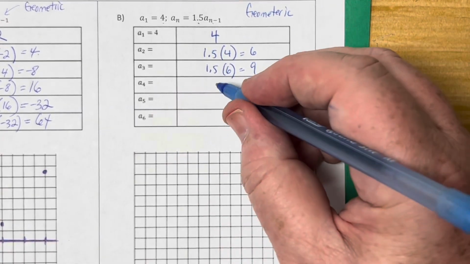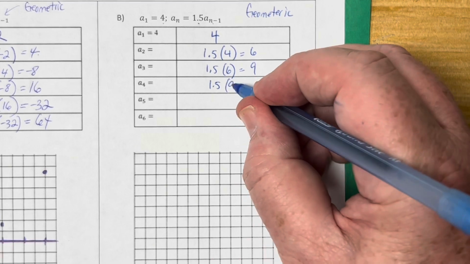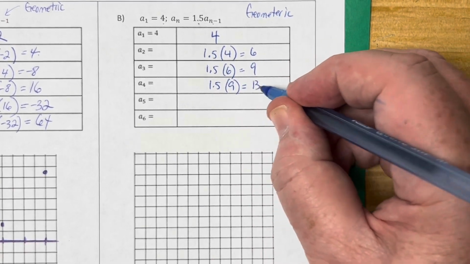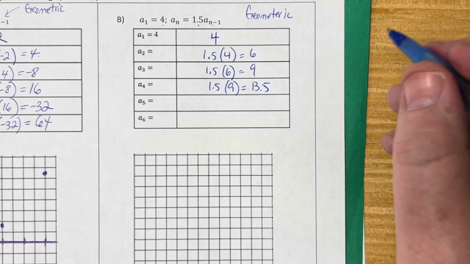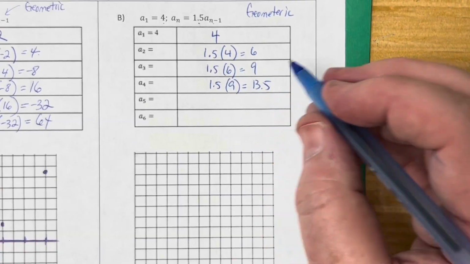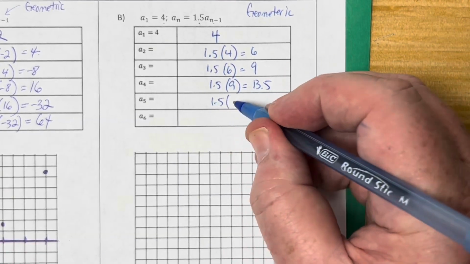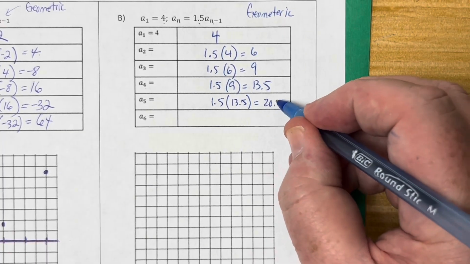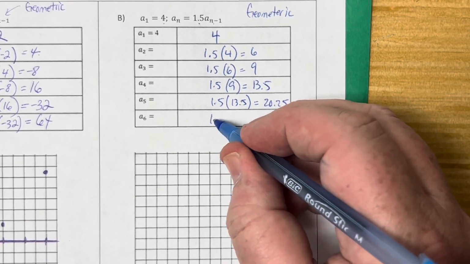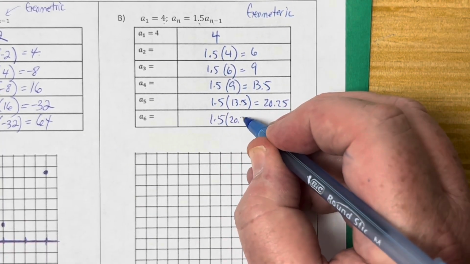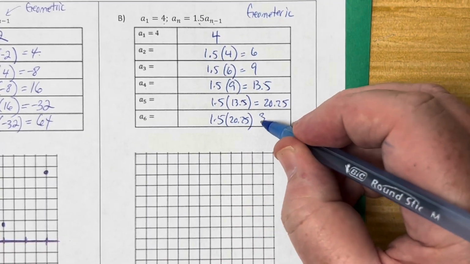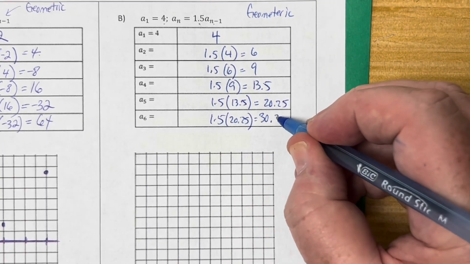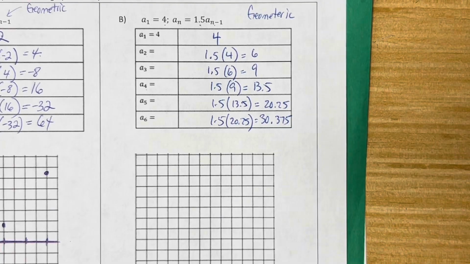All right, fourth term, 1.5 times 9 equals 13.5. 1.5 times 13.5 is 20.25, and then 1.5 times 20.25 is 30.375.